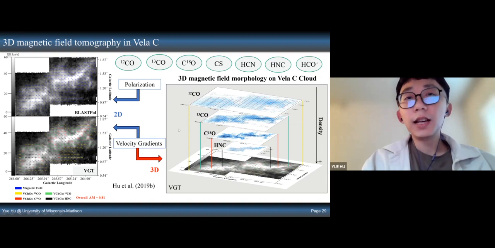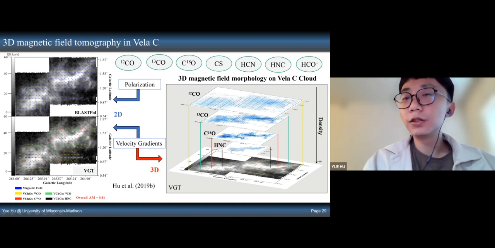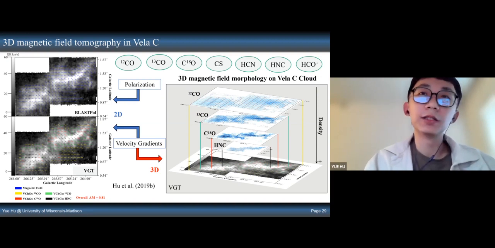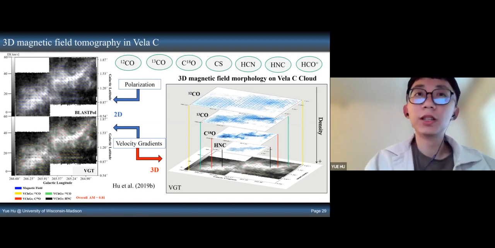But we can also get information on how the magnetic field changes from the ambient diffuse gas, traced by 12CO, to the more dense core, traced by the dense tracer HCN. I call this three-dimensional magnetic field tomography of the molecular cloud, and that's a big advantage of the velocity gradient compared to polarization. We can get more information compared to polarization.